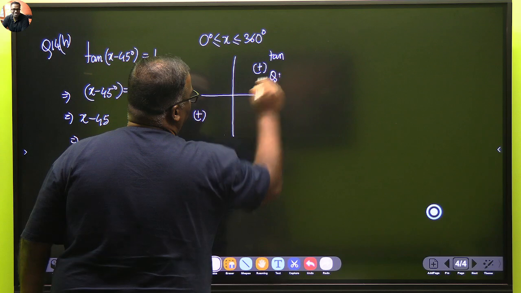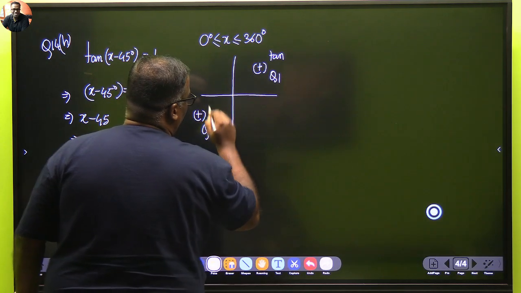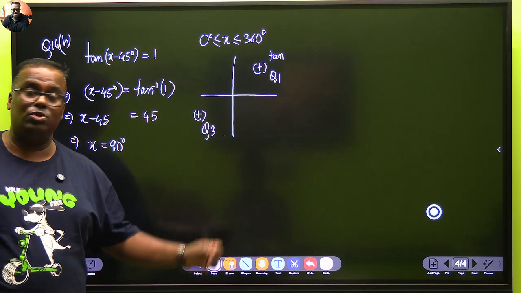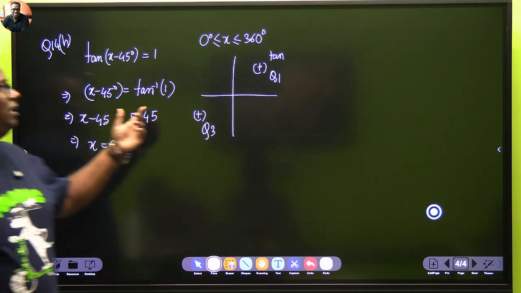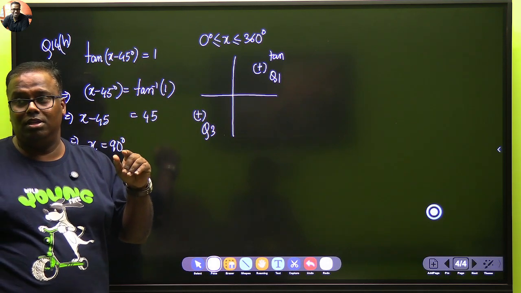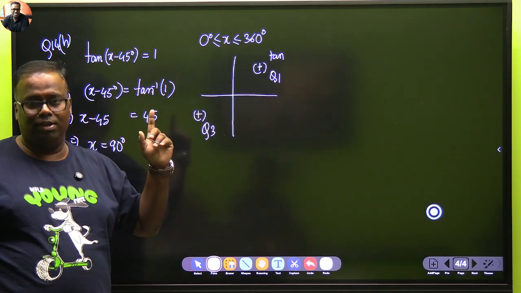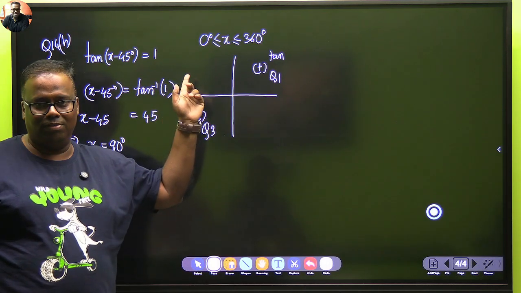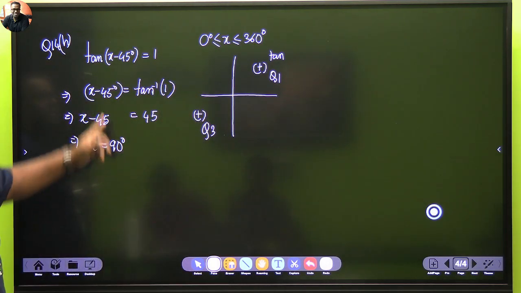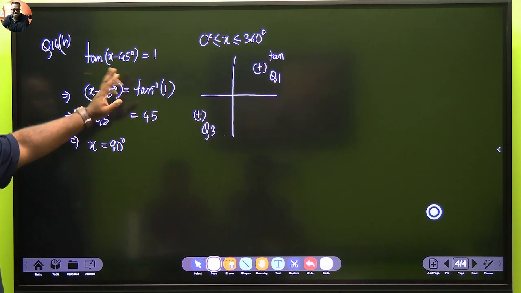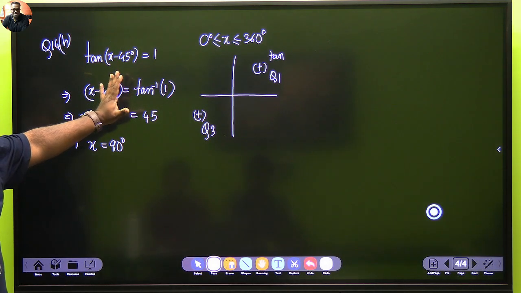That is Q1 and Q3. So we should get a value of the angle in such a manner. 90 minus 45 is how much? 45. So 45 is the value out here.